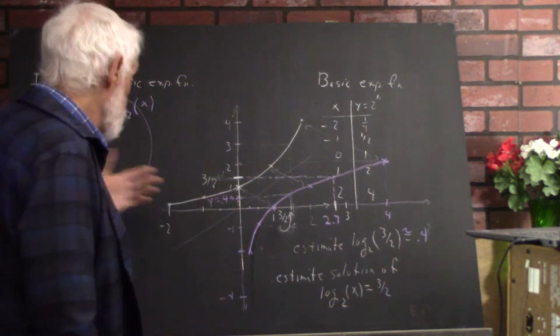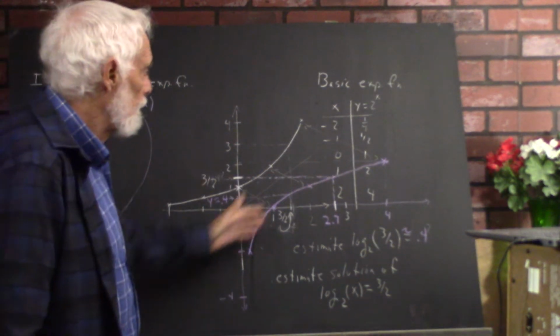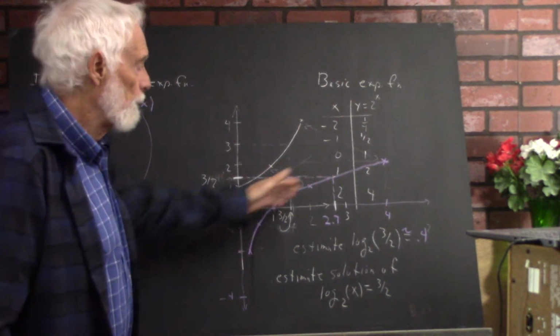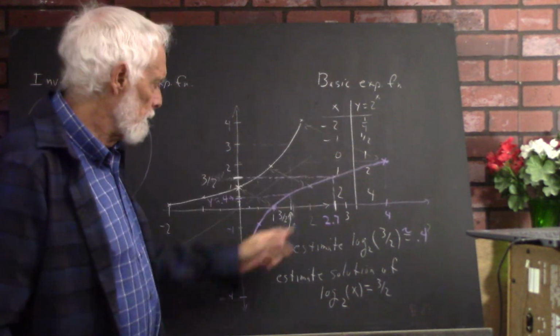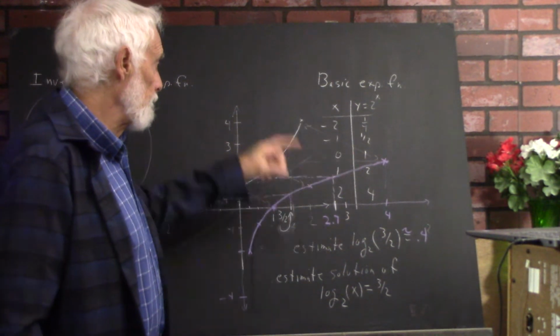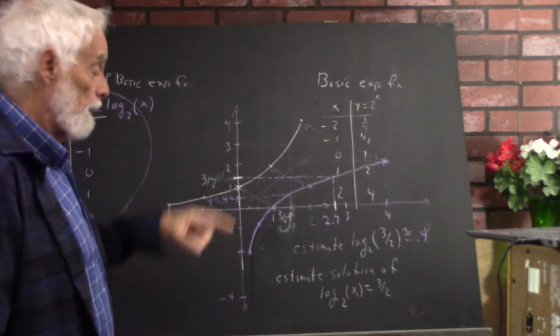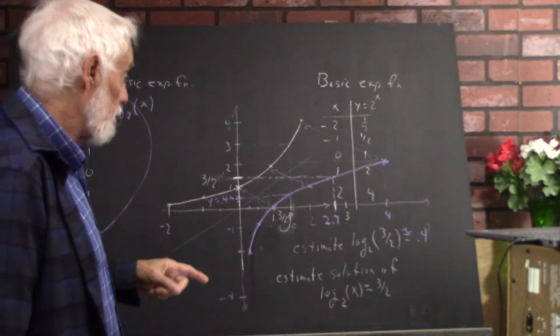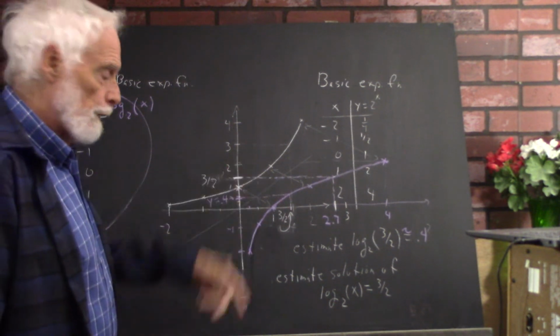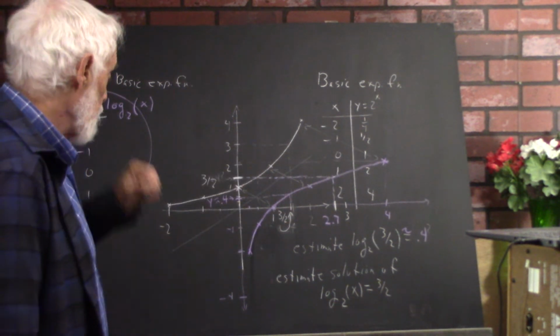Now we're not going to study log functions, but we're going to maintain this graph as one of our basic functions. Now we've expanded our set of basic functions to include the inverse of the basic exponential function, and we're going to do inverses of other functions as well.